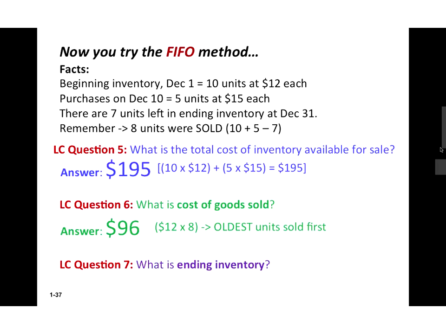So we have $195, and 96 of that $195 was sold. The rest has to be ending inventory. That's the easiest way to do this one. If you have your total cost of goods available and you have cost of goods sold, you can subtract to get ending inventory. That will be the easiest way on this one. Okay, so now the question's out there.